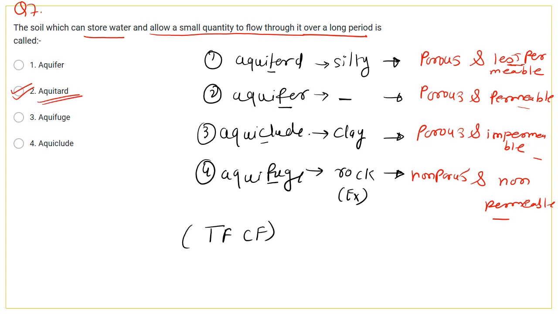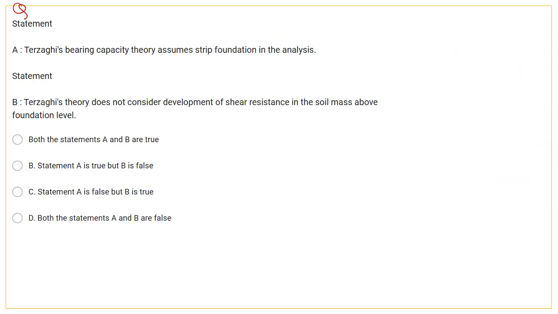The next question, question number 8, statements are given. First statement is Terzaghi's bearing capacity theory assumes strip foundation in the analysis. Yes, they assume a strip foundation for the analysis.